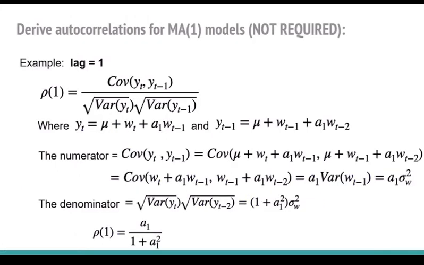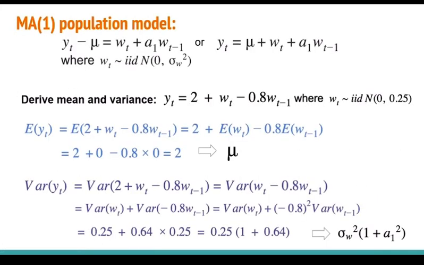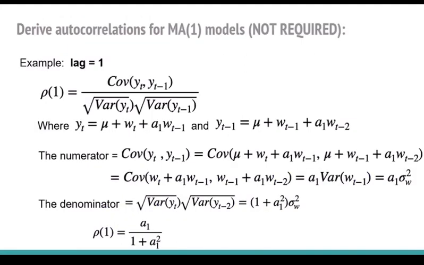Now, for the autoregressive model of order one, the other time I walked you through deriving the mean, the variance, and the autocorrelation. For the moving average model of order one, I think I've walked you through how to derive the mean and the variance, and what we want to do now is walk you through how to derive the autocorrelation at lag one.